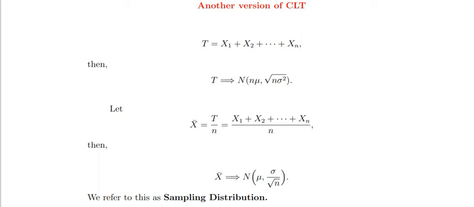Then this T total result will follow this normal. But now let's consider the average. So T divided by n, or x1 plus x2 plus up to xn divided by n. So this is the average, and we denote this as x bar.